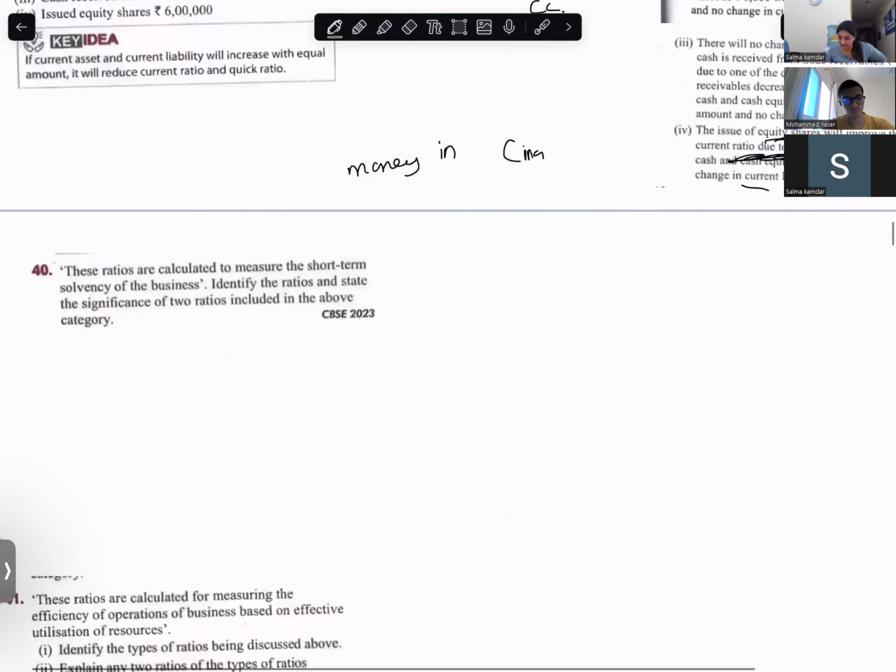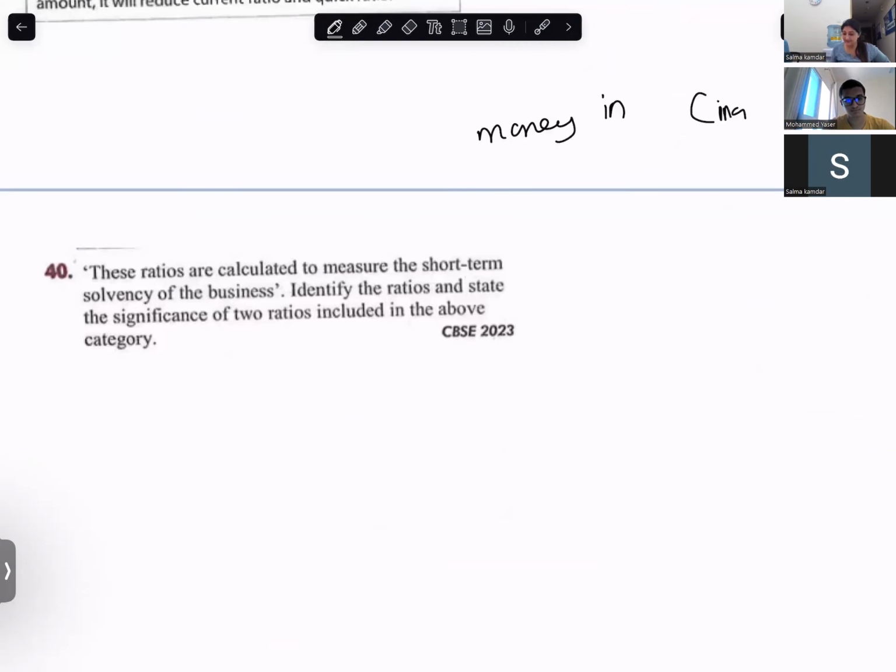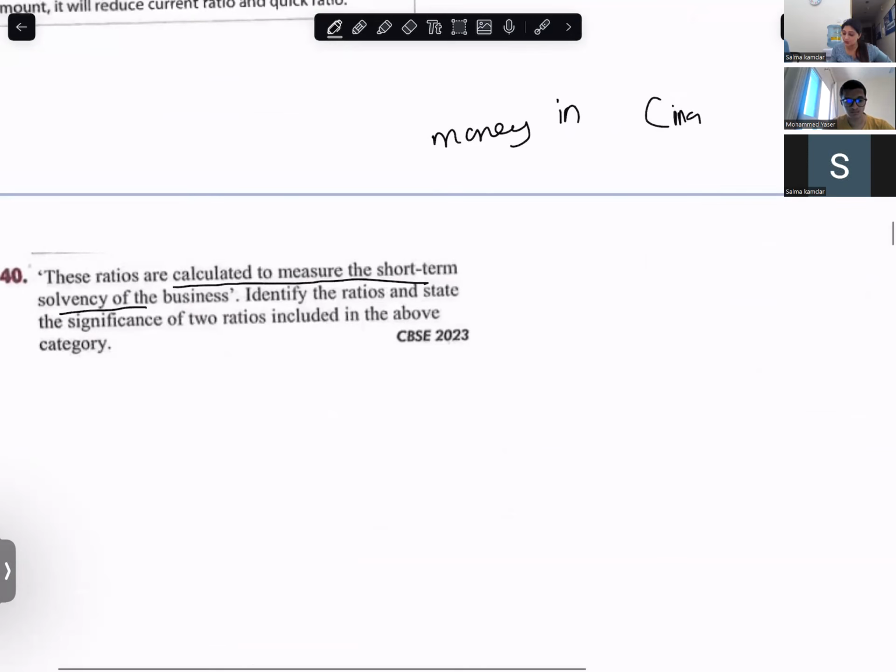41. These ratios are calculated to measure short-term solvency. What are the ratios which measure short-term solvency?